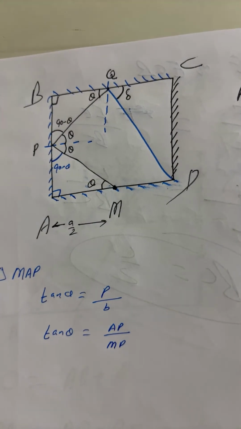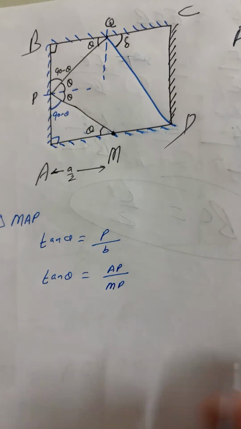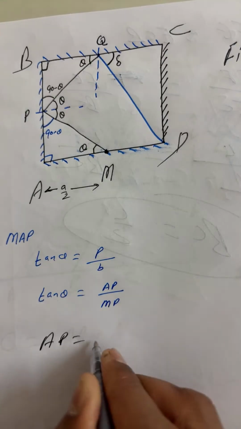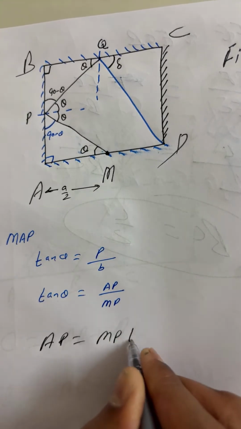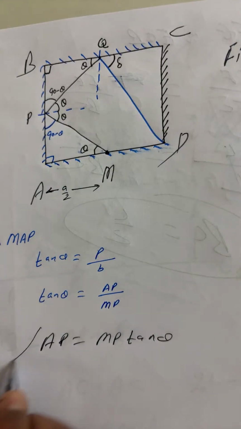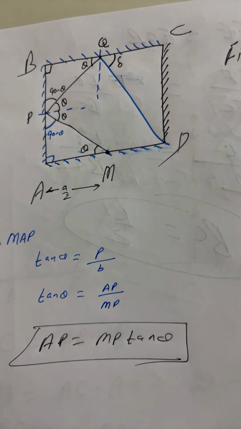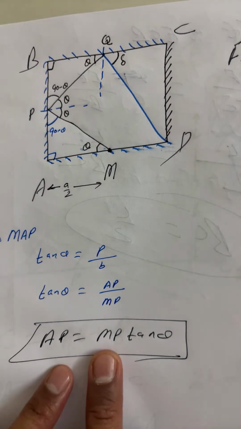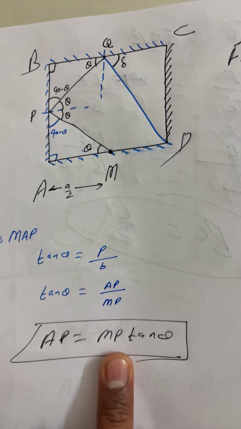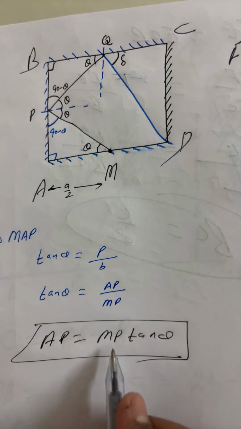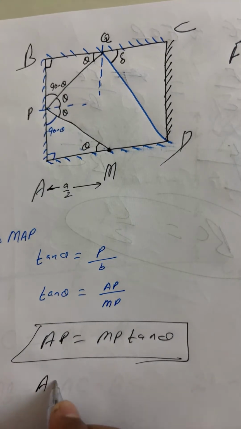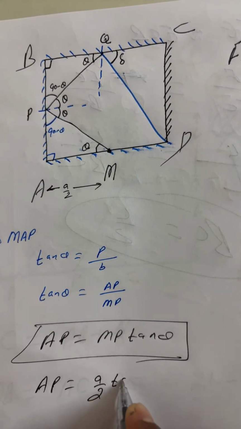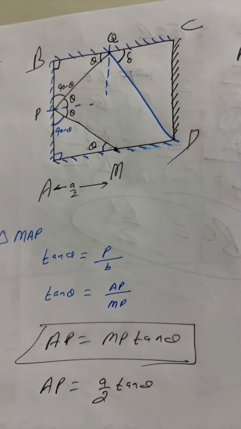Easily, you can write AP is equal to MP tan theta. Now AP we know from the diagram. MP is a by 2, so AP is equal to a by 2 times tan theta.